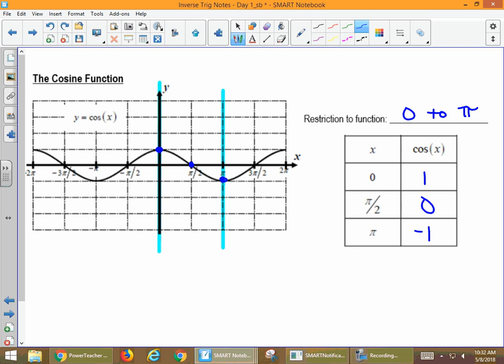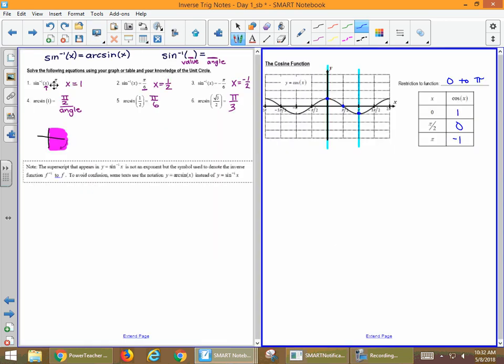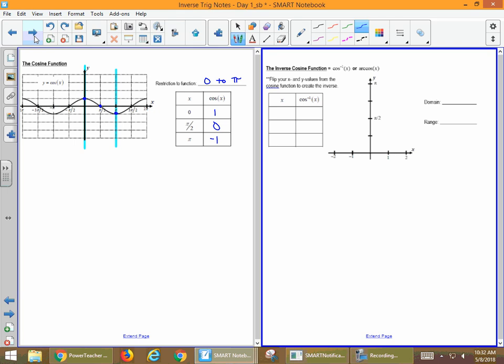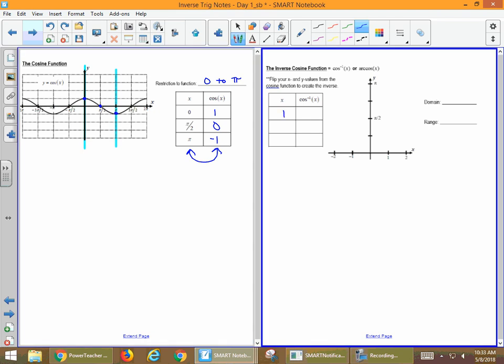I'm going to do the same thing that I did with the last one. I'm going to dual page this so we can just take this, switch those ordered pairs, and copy them down. So the inverse, we just switch the x's and y's. 1, 0, 0, pi over 2, negative 1, pi.